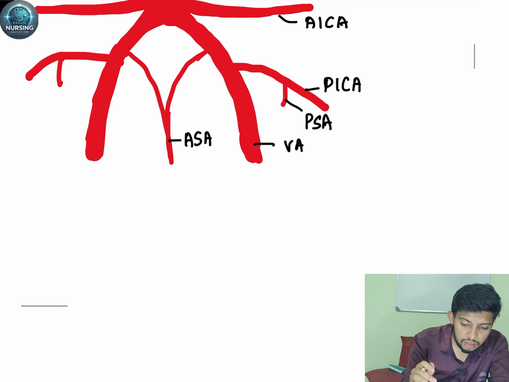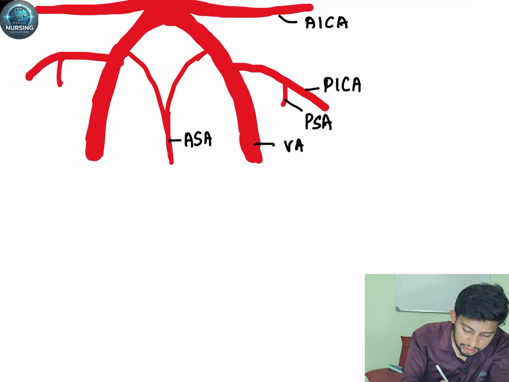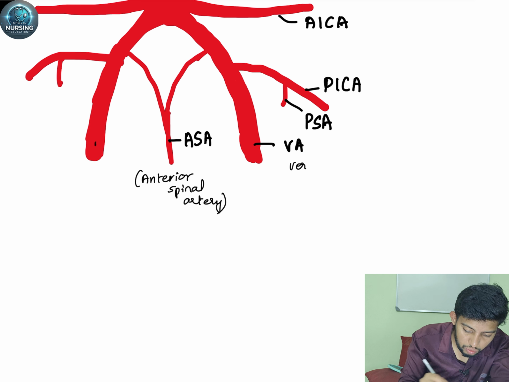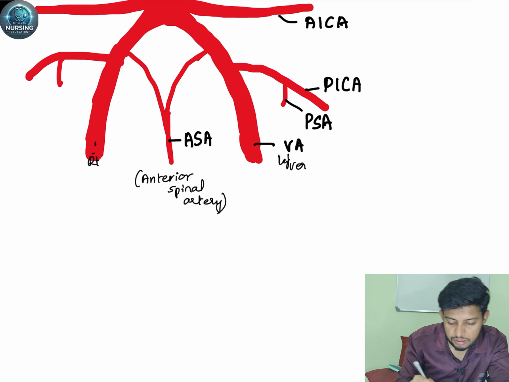Okay. So firstly we have said that this one is what? Anterior spinal artery. What is this? Vertebral. These two, vertebral artery, that is left vertebral artery. This one is right vertebral artery. Clear?